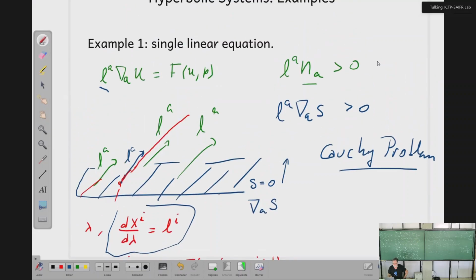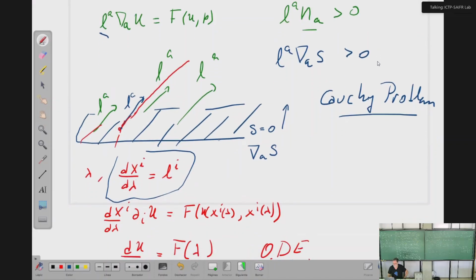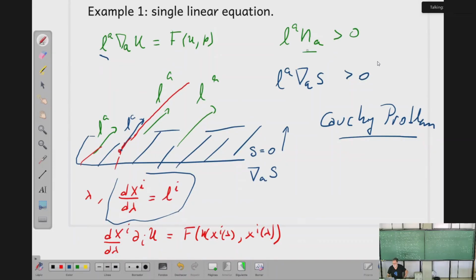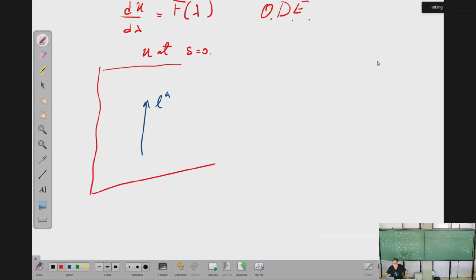And you can think, okay, which are the characteristics of this system? So the characteristics are the n such that this thing is 0. So when does it happen? Well, you have the vector L at some point, and then you need the n to be some surface that contains the vector.